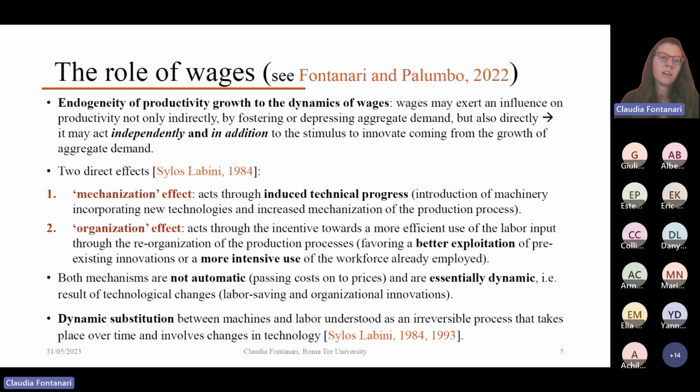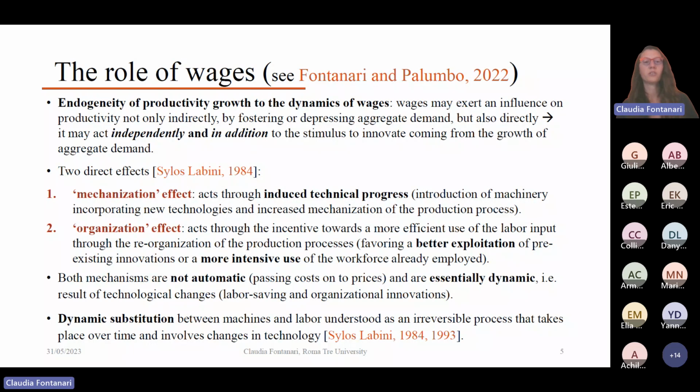He identifies two effects: the mechanization effect, also known in the literature as the Ricardo effect, which acts through induced technical progress, in the sense that an increase in wages with respect to the price of machines gives an incentive to firms to save labor with respect to other inputs, so to introduce labor-saving innovation and increase the mechanization of the process.